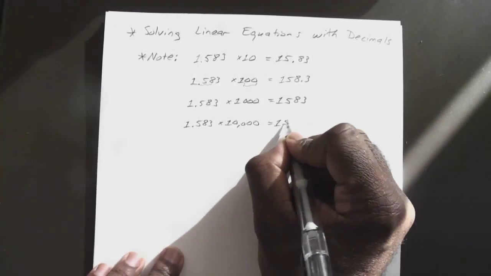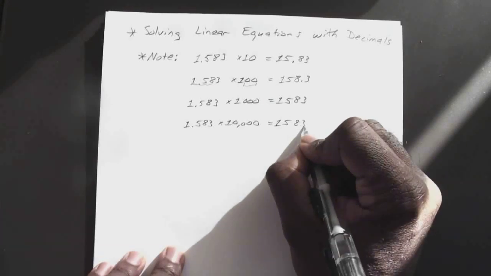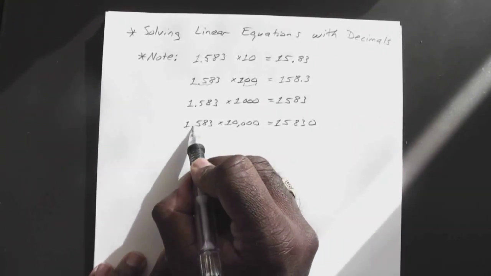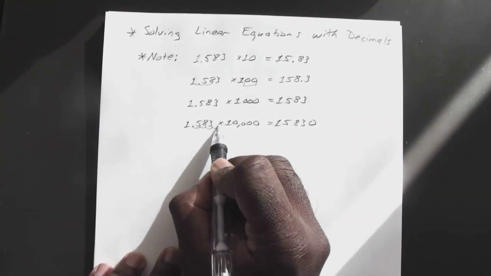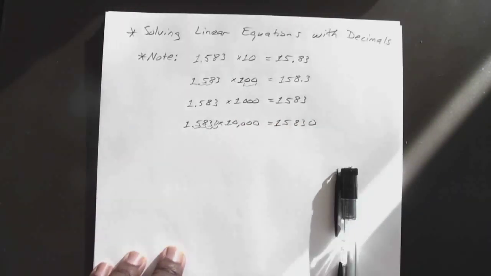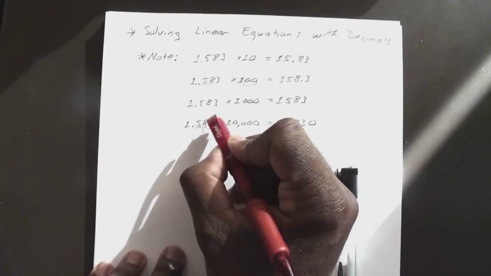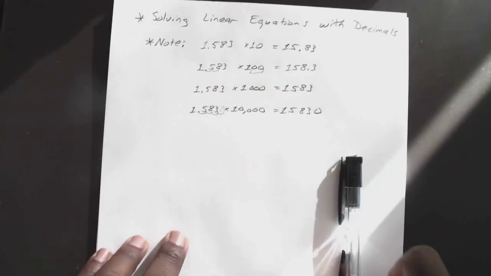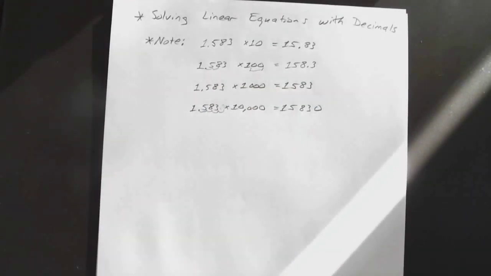Which is going to be 15,830. Because if you move it 4 times, you're going to move it 1 extra time, and you're going to fill that in with a 0. So let me erase that 0 there. Okay, so this is key for the shortcut, so you won't have to burn as much time multiplying your decimals.